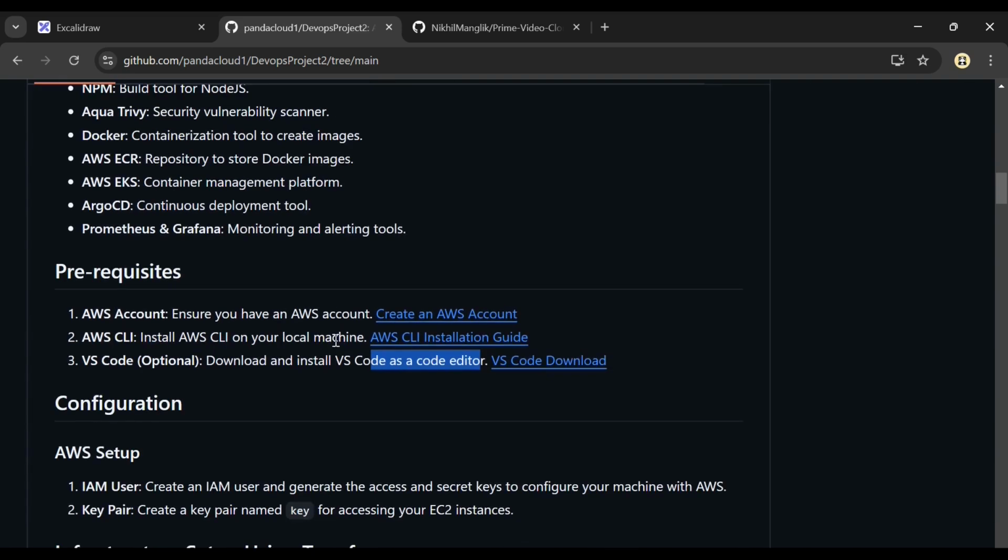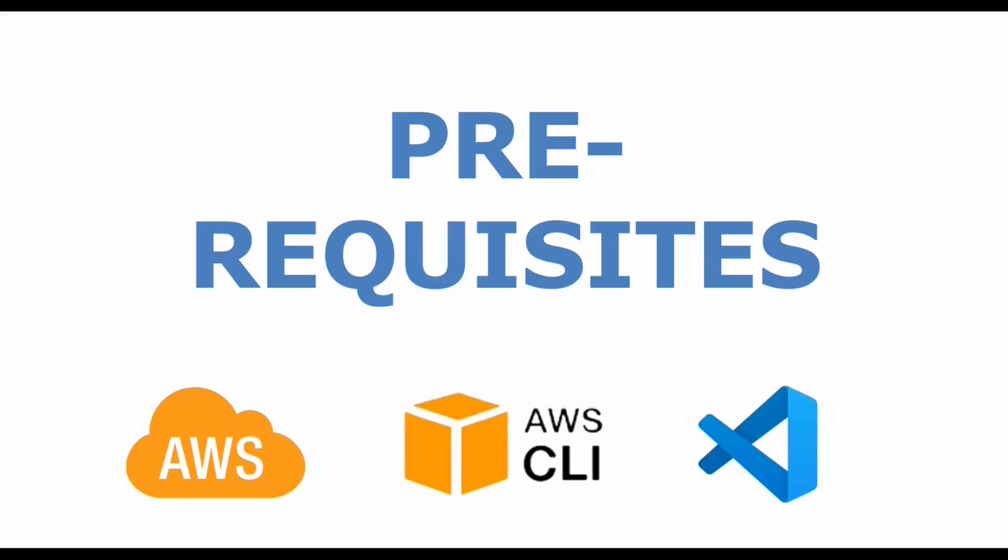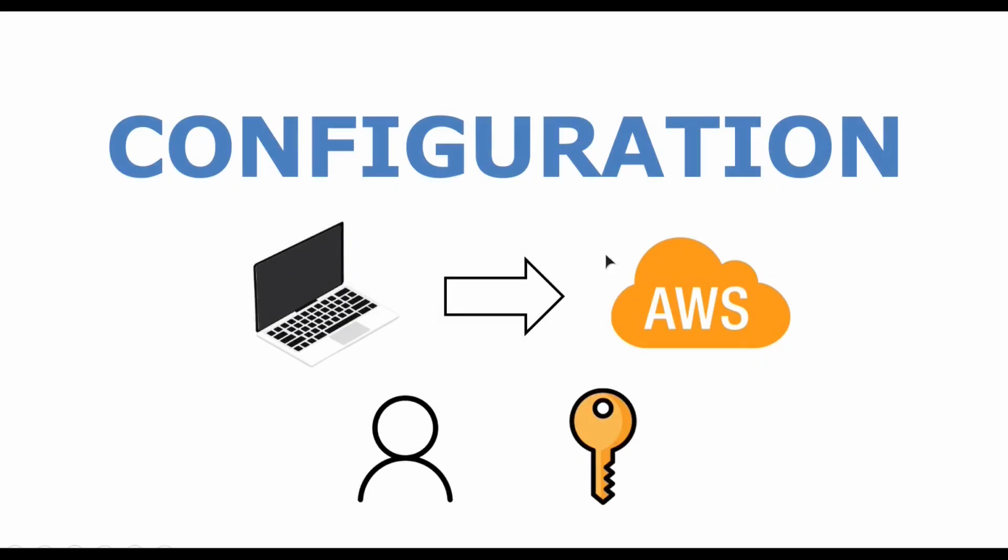Now let's move ahead and see what configuration needs to be done. We need to configure our local laptop, or our local machine, to be able to use the AWS account.